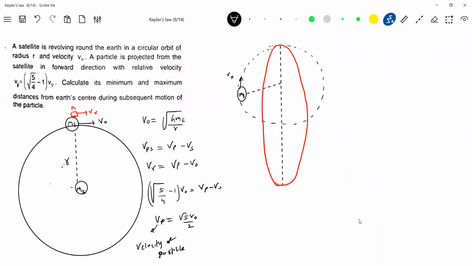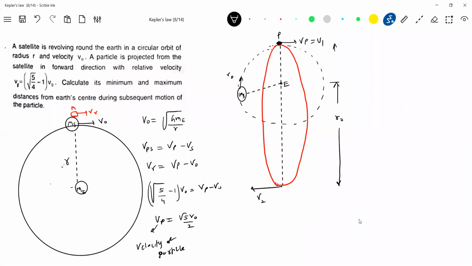That is v0. Now let's talk about the particle. It has velocity Vp. This Vp is greater than v0, so it is going to leave with the Earth as one of the foci, and this will be perigee. This will become apogee here. Let this velocity be V1 and this velocity V2.